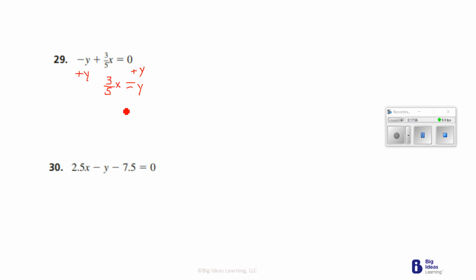Now, I could say I have y is equal to 3 over 5x plus 0. So that tells me I'm going through my origin at y, and the slope says 3/5. It's a positive slope, so I'll go up 3, 1, 2, 3, and I'll go over 5. 1, 2, 3, 4, 5, which means I'm going to be about right here. And my slope should be about here.